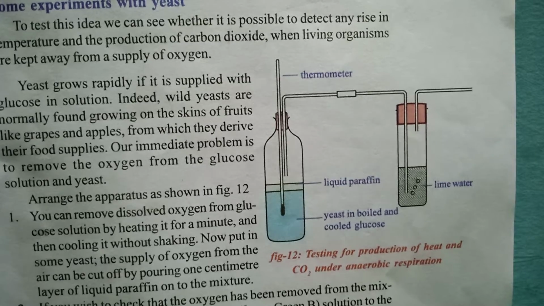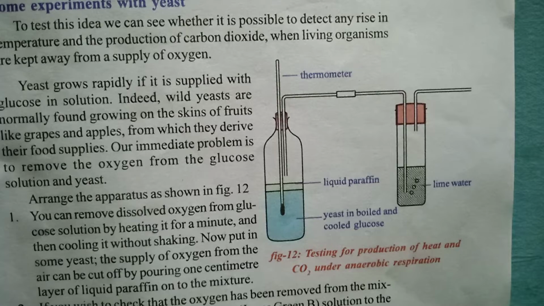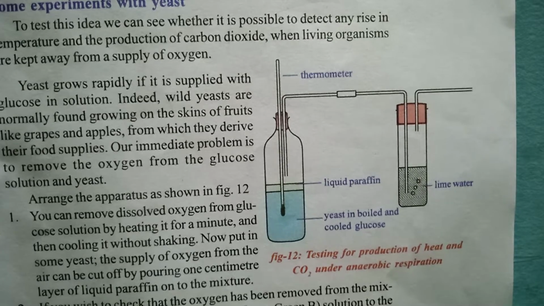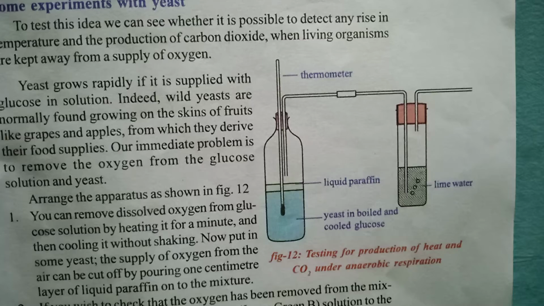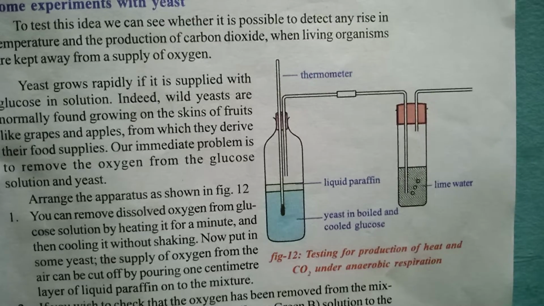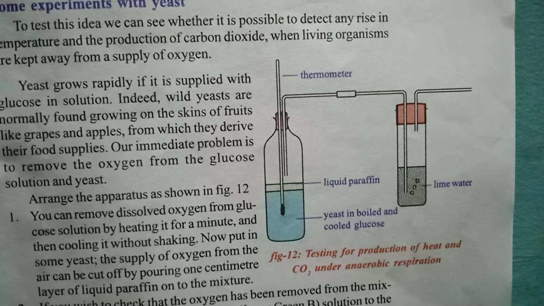If we don't add liquid paraffin, the glass bottle consists of air, and air also consists of oxygen, which may dissolve in the glucose solution. Here we are not giving any chance for the oxygen present in the air in the bottle to get mixed with the glucose solution.